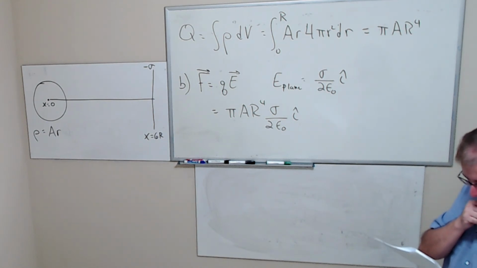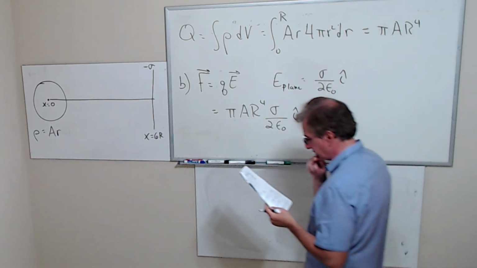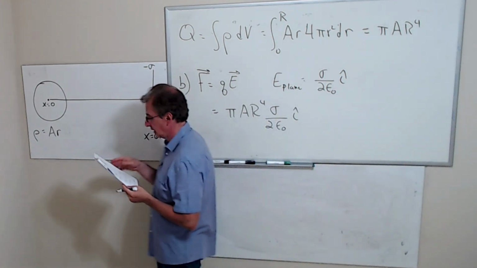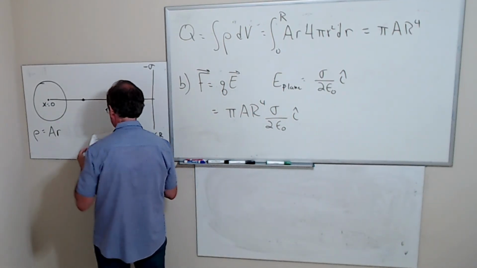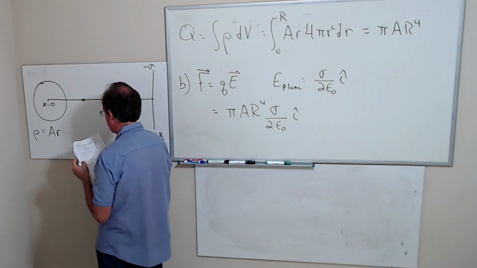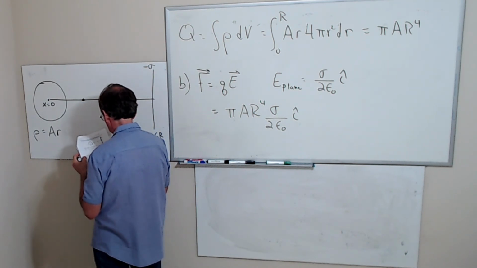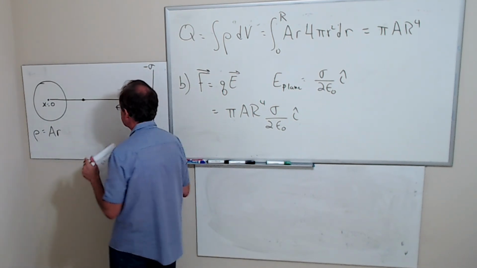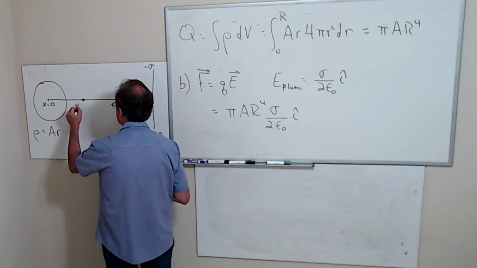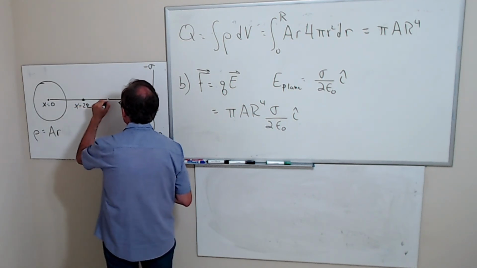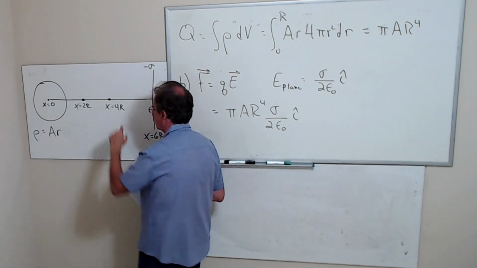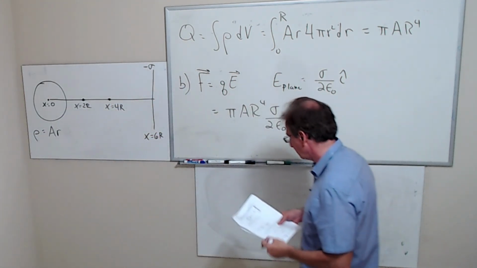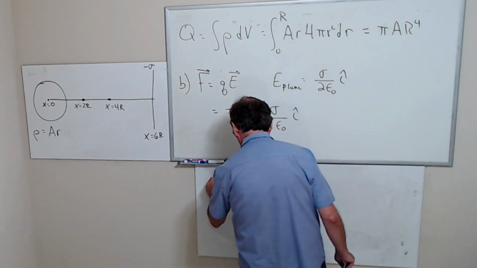Now, the last part says a positive point charge Q is placed at x equals 2r and released from rest. And we want to know, what is the change in kinetic energy when it goes from x equals 2r to x equals 4r. This might not be to scale, okay, but we use conservation of energy.